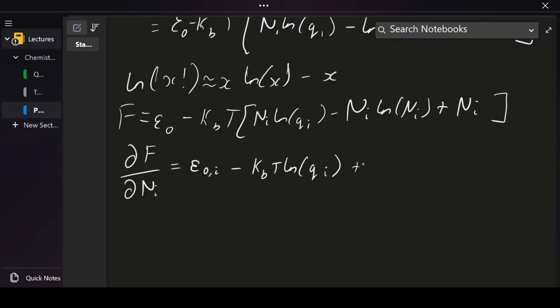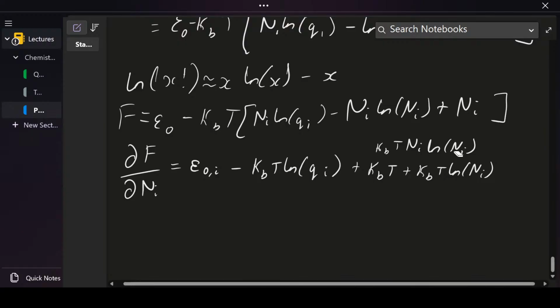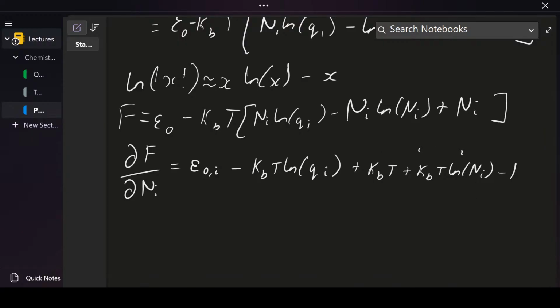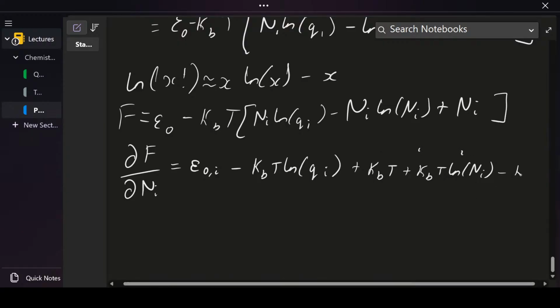And then plus I've got to differentiate kBT n_i ln n_i, so this is going to go to kBT plus kBT ln n_i, and then I'm going to get minus kBT here.